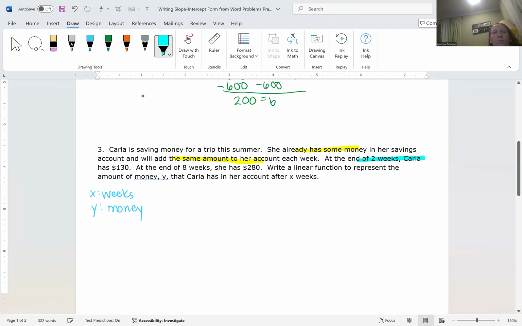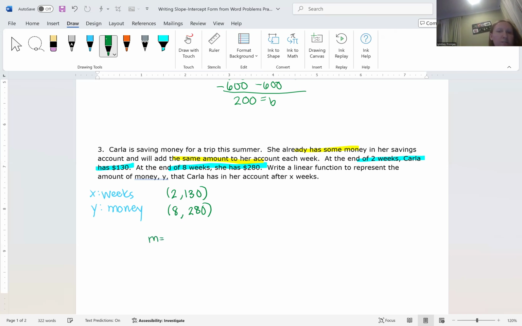They say after 2 weeks, she has $130, and in 8 weeks, she has $280. Those are the ordered pairs, because remember, X is weeks and Y is money. The first statement says 2 weeks is 130, and the next sentence says 8 weeks is 280. Now we can use these two ordered pairs to find our slope.